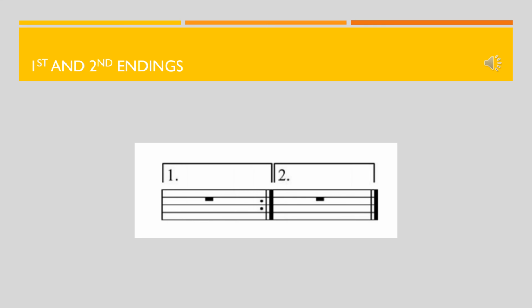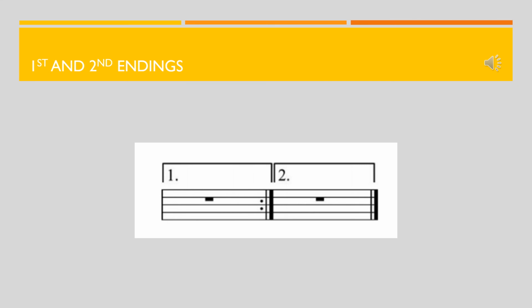We're now going to talk about first and second endings. Here you see a measure with a repeat sign and a bracket over that measure with the number 1. Next you see a bracket with the number 2 over it. These are first and second endings.